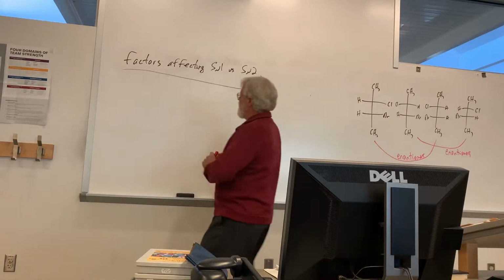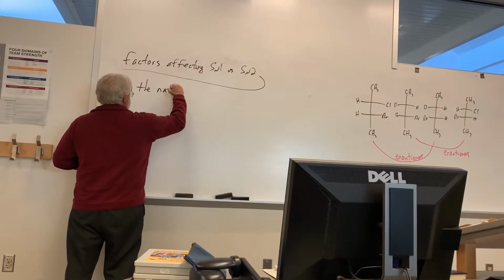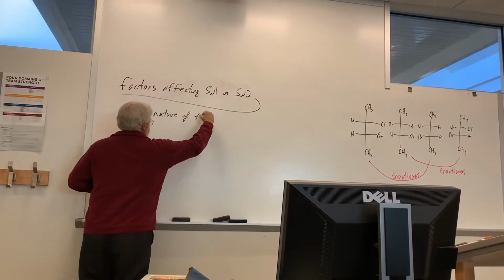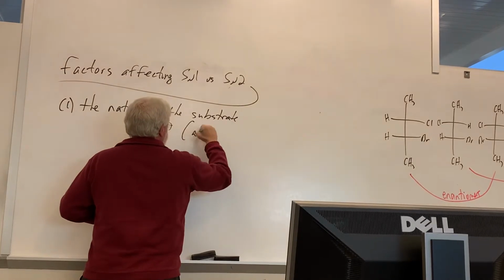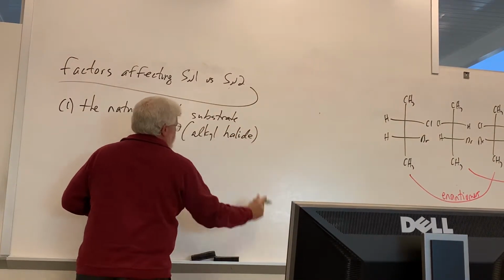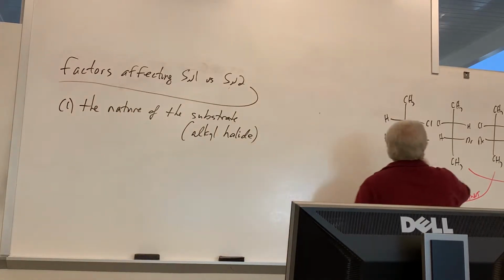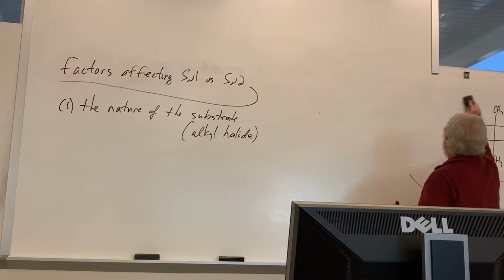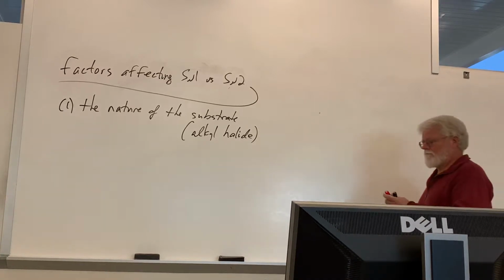And we said that one factor is the nature of the substrate, or to be more specific in our case, as we're talking about alkyl halides, the nature of the alkyl halide. Certain alkyl halides tend to go SN1, certain alkyl halides tend to go SN2. Some alkyl halides have no major tendency. As we'll see, they do have a bit of a tendency.